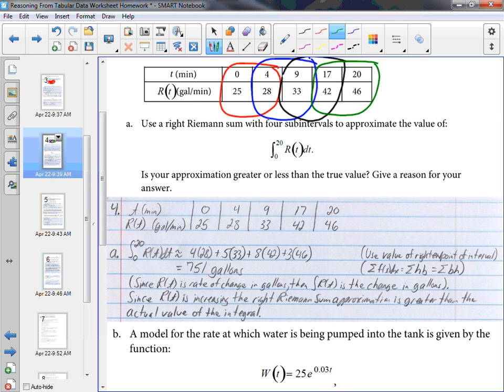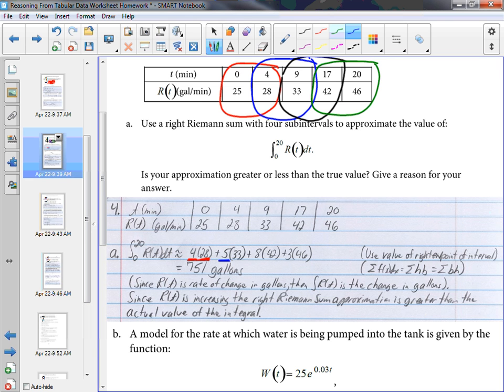A right Riemann sum means to use the right edge of the rectangle as its height. So this first one, from 0 to 4, that interval is 4, so the base of that rectangle is 4. Use the right edge of the rectangle as the height, so 28 is the height. Then for the next one, from 4 to 9 is 5, so the base of that rectangle is 5.